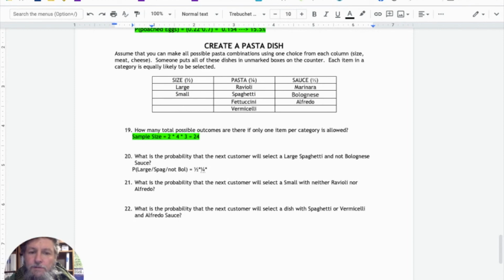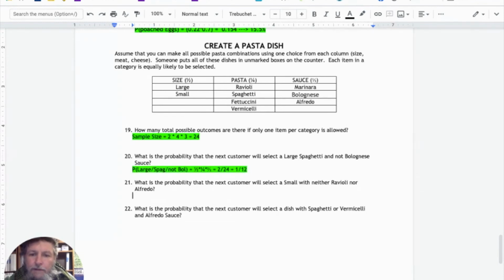Well, bolognese is one of the 3 choices, so that means 2 of 3 choices. And that is 2 over 24, which we know can be reduced to 1/12. That's our answer for this one. Highlight it green so you know that it's the right answer.